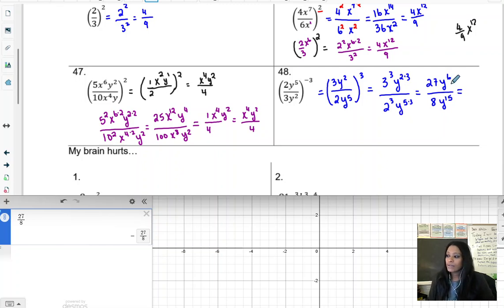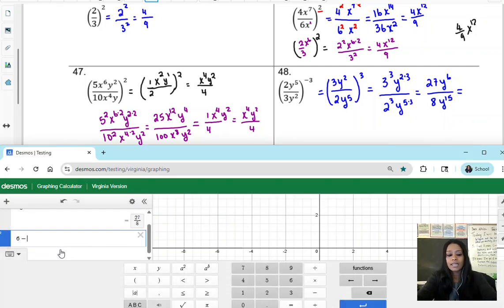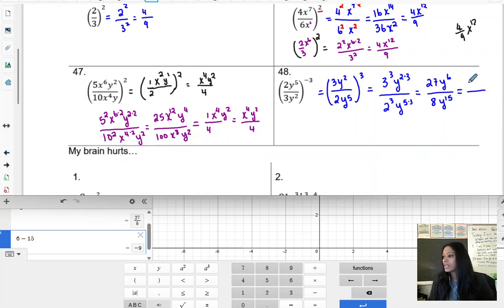Now, when you subtract, you take the numerator minus the denominator, right? 6 minus 15 is -9. So you could put y to the -9 at the top and then move it to the bottom, or just know that this will end up being y to the 9 in the denominator.